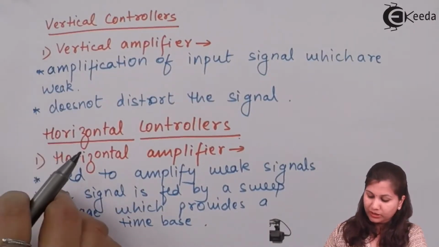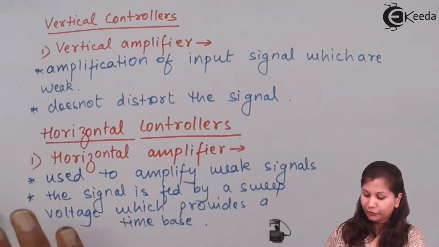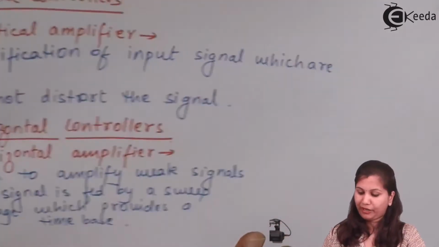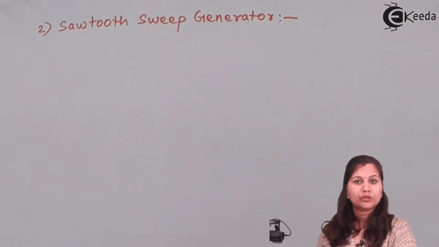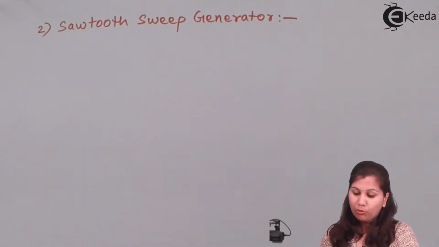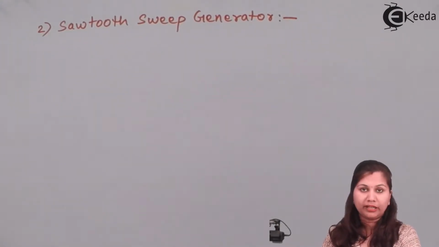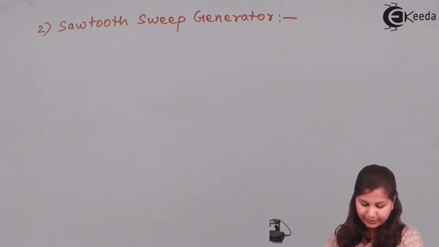So if we talk about the second part of the horizontal controller, we are having a horizontal amplifier and a sawtooth sweep generator. Now what this sweep generator is doing is generating the ramp voltage, or we can say it is generating the time base.